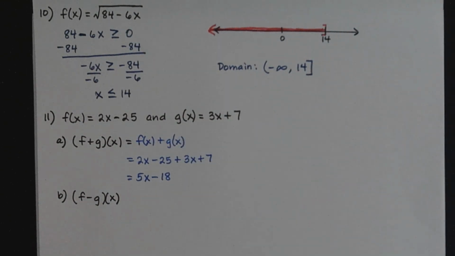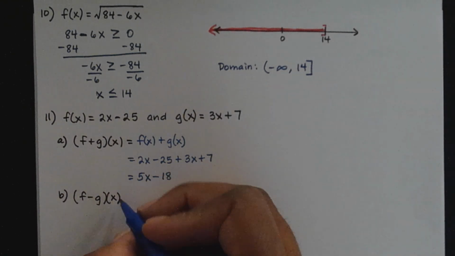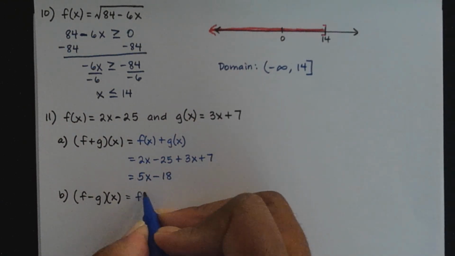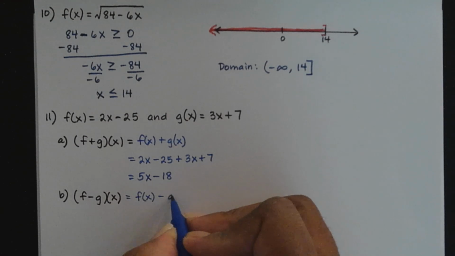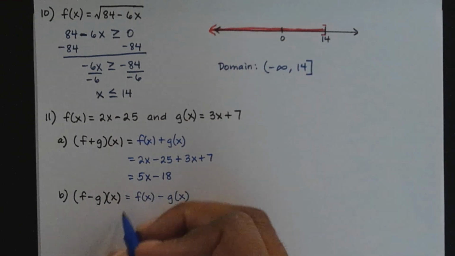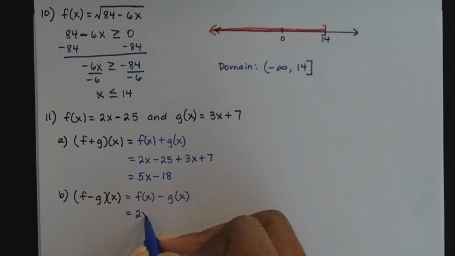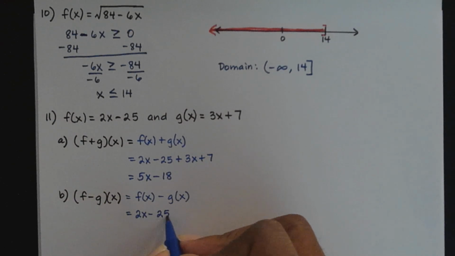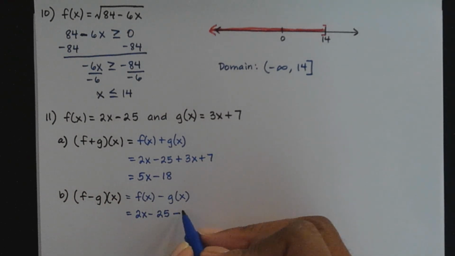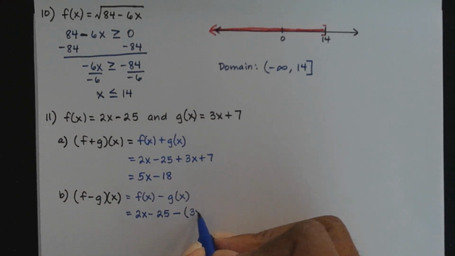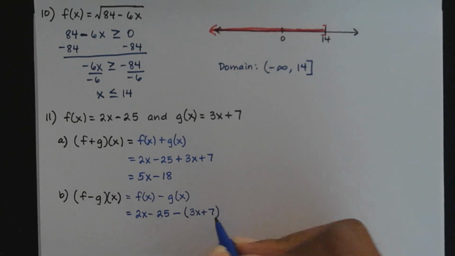In this case here, part B, we got f minus g of x. All right, so f minus g of x, that's just f of x minus g of x. And here, f of x, that's 2x minus 25, minus the g of x, we need to put 3x plus 7 in parentheses.